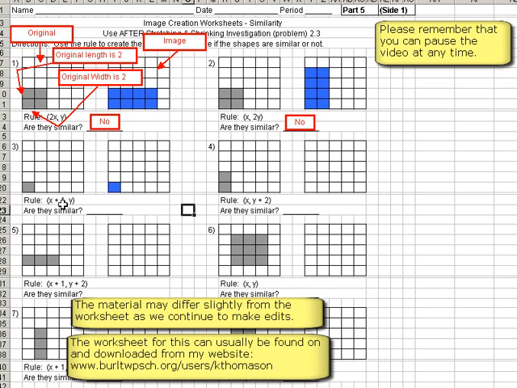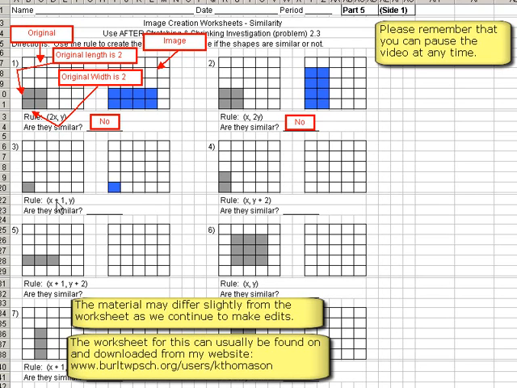But now we have a plus 1 next to the x. Back in variables and patterns, and just from simple plotting points, we know that x is always horizontal and y always refers to the vertical part.